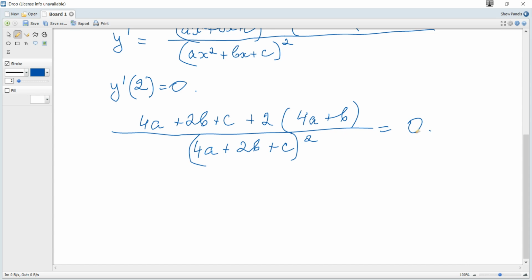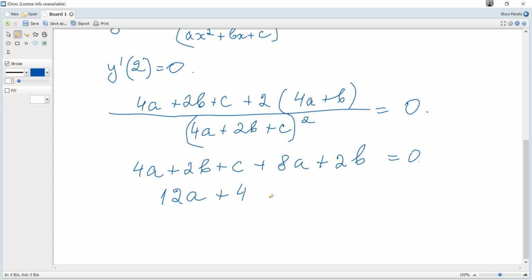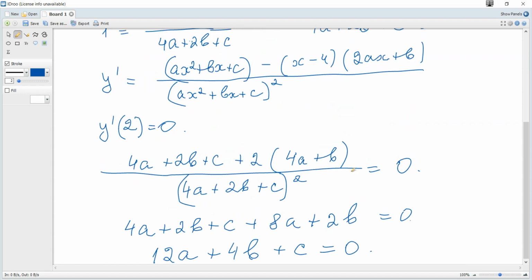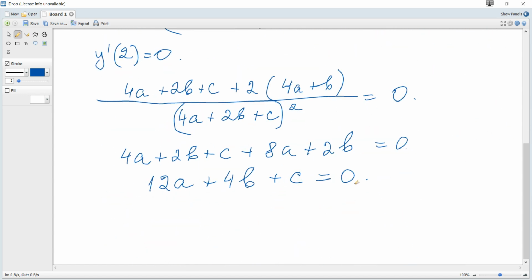And a fraction is equal to 0 when the numerator is equal to 0 and the denominator cannot be equal to 0. So let's simplify it. 4a plus 2b plus c plus 8a plus 2b is equal to 0. So it becomes 12a plus 4b plus c is equal to 0. So it's the first, the second, and the third.